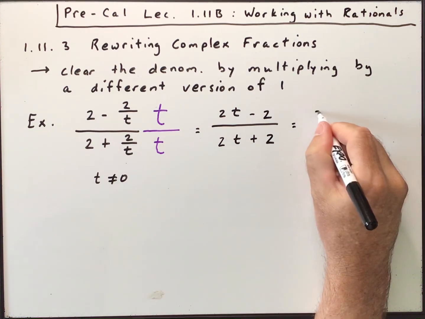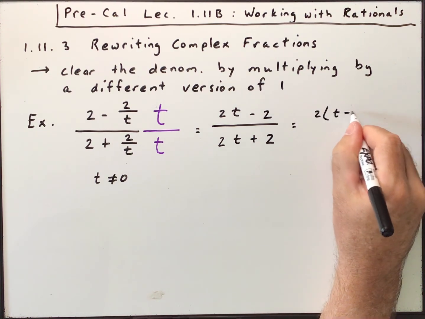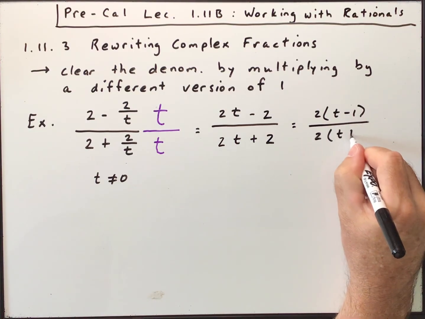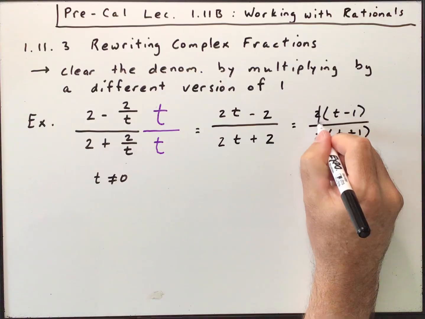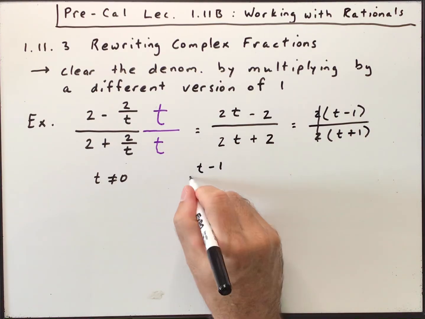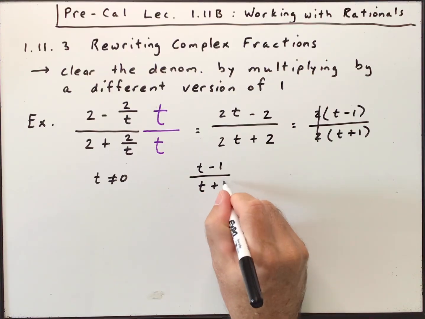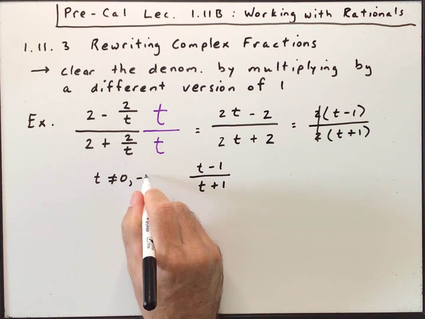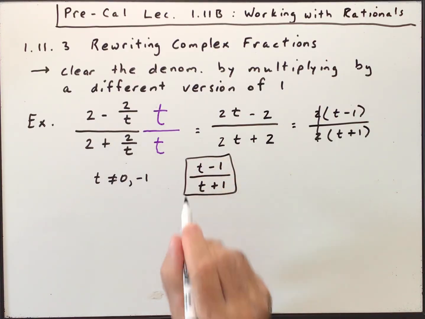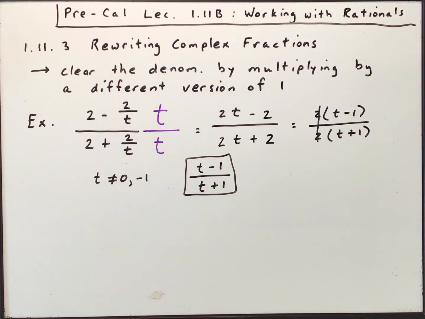And now we can factor out the 2, and we would have t minus 1. Factor out the 2 on the bottom, we have t plus 1. The 2's cancel, and finally you have t minus 1 over t plus 1. T cannot be negative 1, right? And so we skipped a step on that.